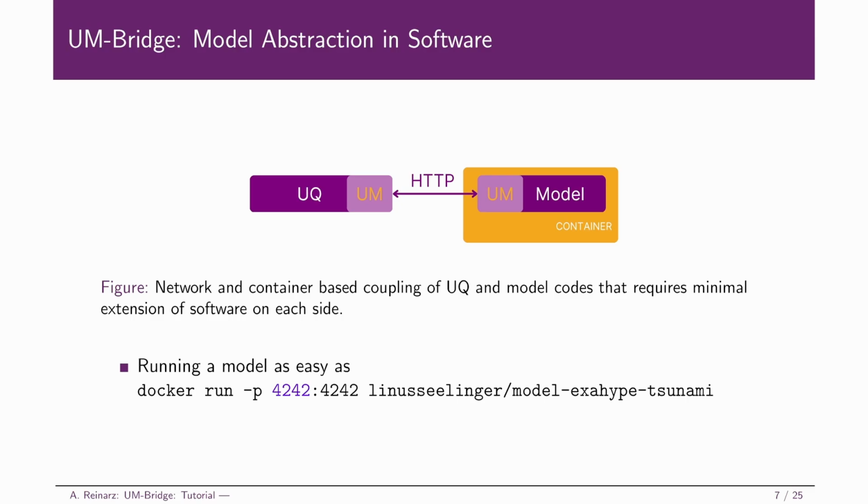Okay, so for that, again, we need to think a little bit about what UM-Bridge actually does. It connects our UQ codes to our model codes via HTTP and the UM-Bridge protocol, essentially.